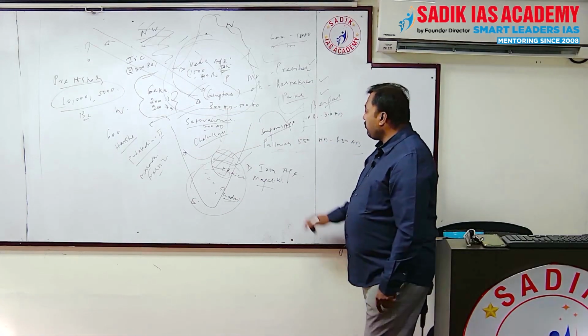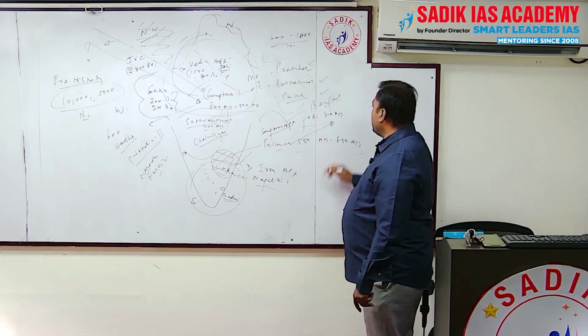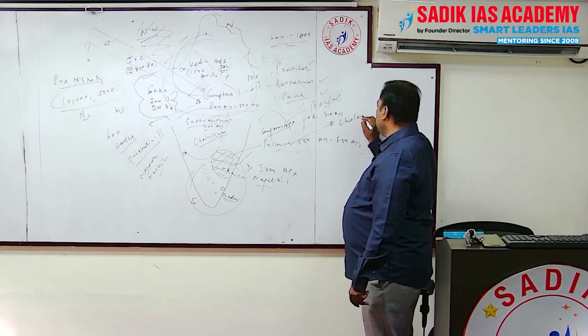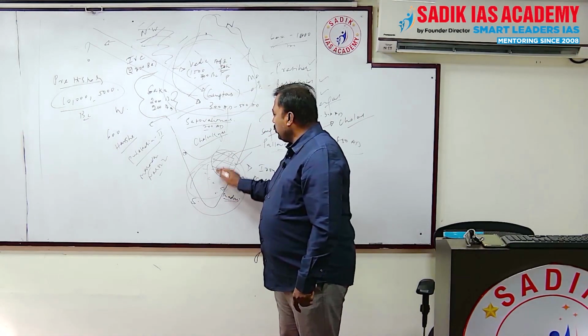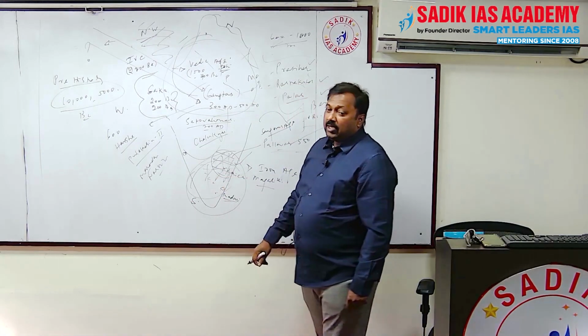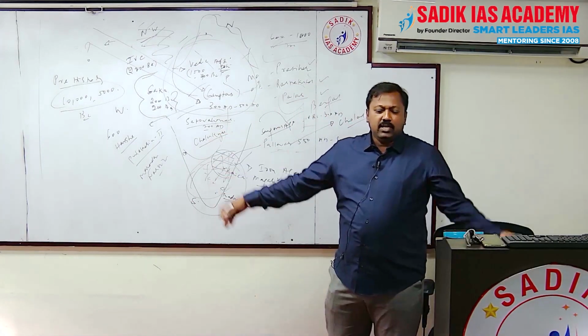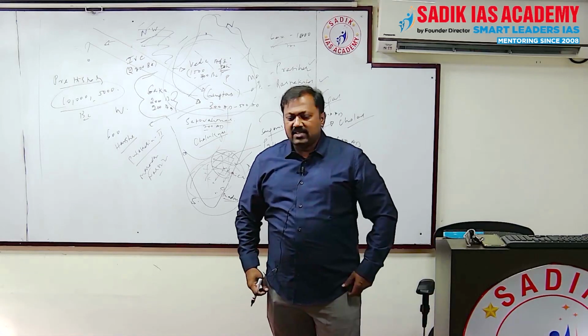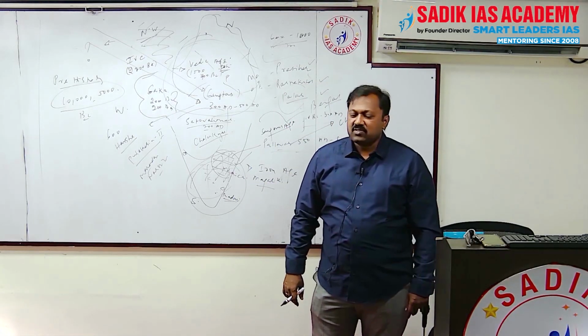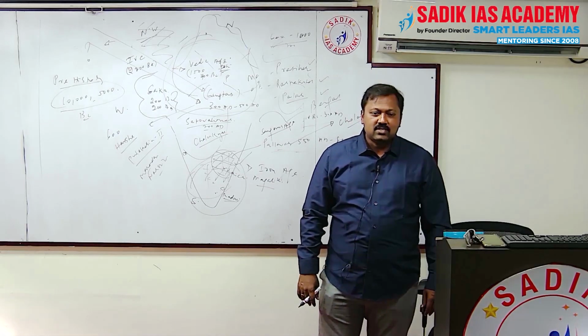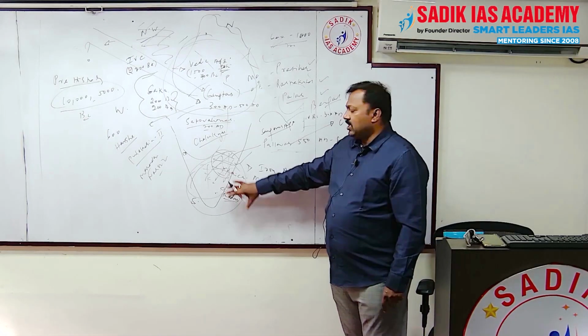But in the south, after the Pallavas, we have the rise of a dynasty called Cholas. The Cholas ruled the southern part of India and became very big empire builders. They occupied territories of Lakshadweep, Maldives, Sri Lanka and parts of Indonesia. So, the Cholas built a very big empire.